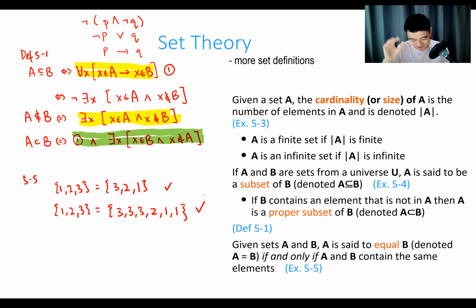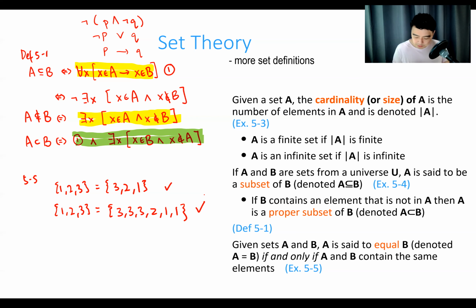So whether you got that application or not, that is why there are sometimes duplicated objects in a set. But at least in this course, understand them as only one object. Count them as only one object. Okay, so that is equality. Equality means that the elements in A and the elements in B are the same.